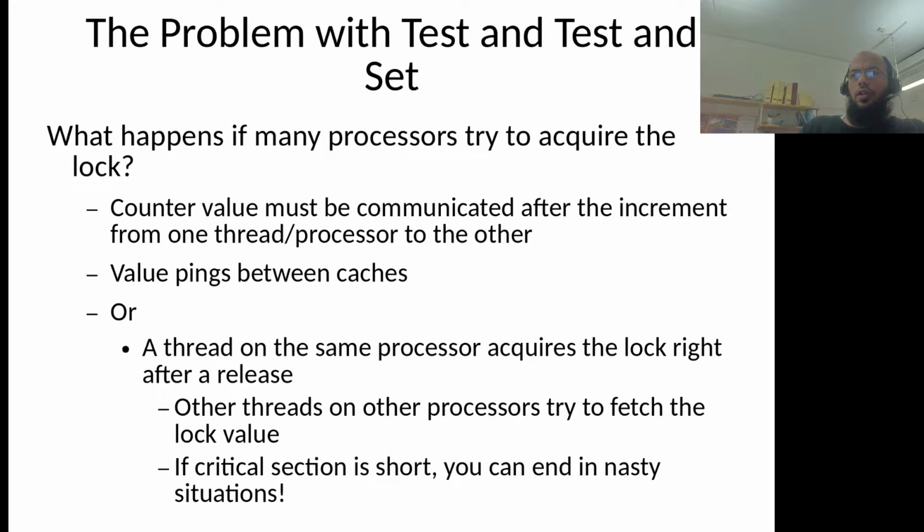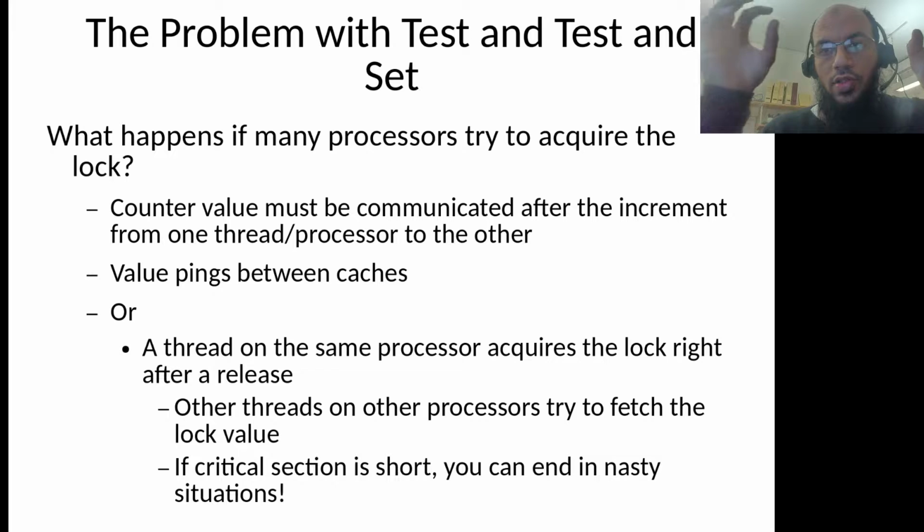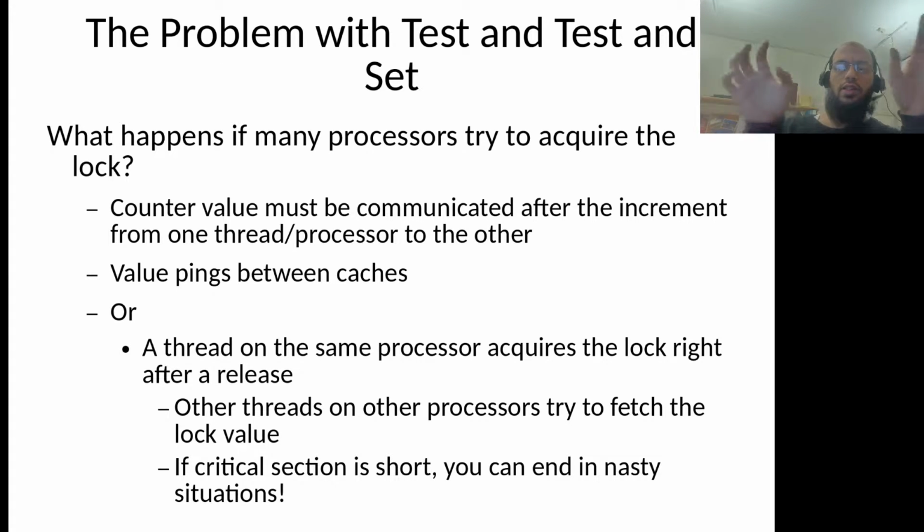So there are other cases. For example, you can have a case where you also get a problem because a thread on the same processor acquires the lock right after a release. At the same time, the thread on the same processor is kind of fast, so it gets the lock, while the other threads try to get the lock, not knowing that the thread on the same processor acquired the lock.